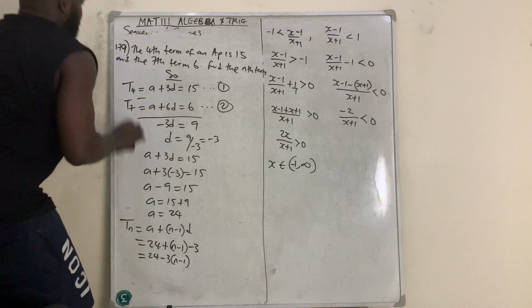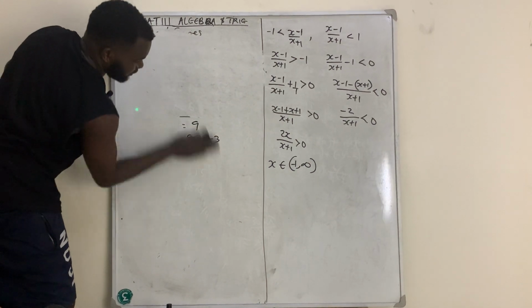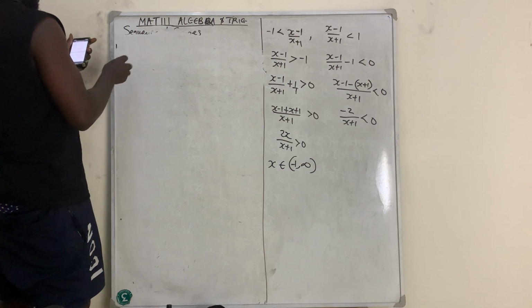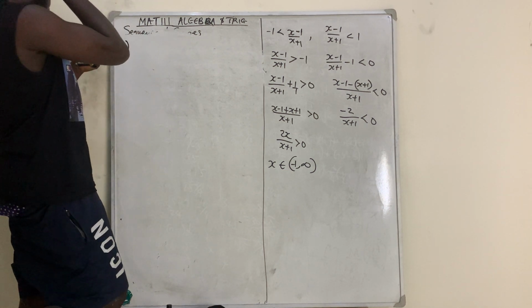So go to question number 180. No more easy ones. I think it's just 2 questions and then we are done.